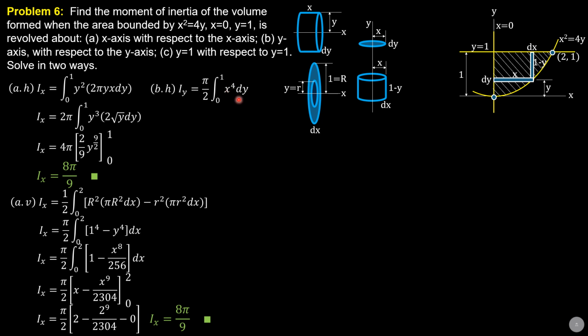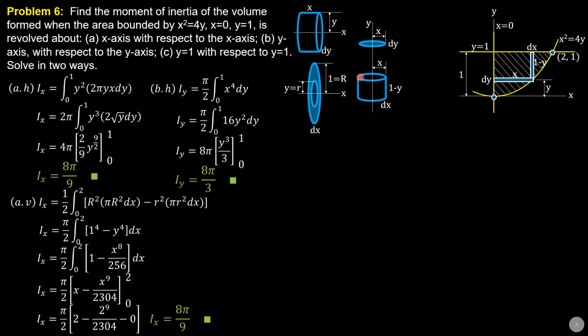The variable of integration is y, so the limits are 0 to 1 this time. So x to the fourth is 16y squared if you square this equation. So pi over 2, 16y squared dy, and that would be 8 pi y cubed over 3 from 0 to 1. So obviously 8 pi over 3 is the answer.